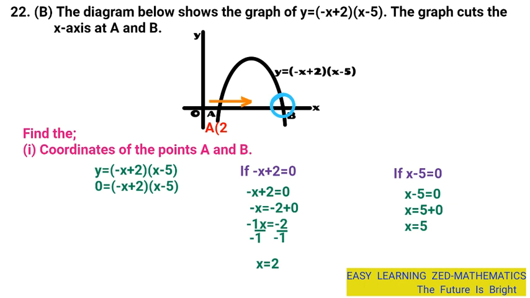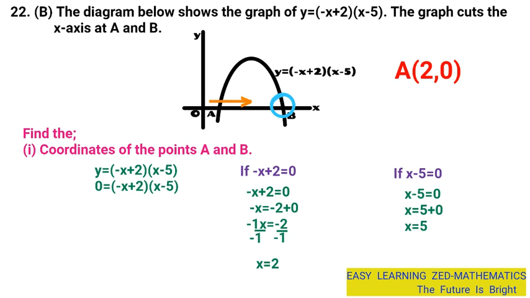We said the graph meets the x-axis where y is equal to 0. So the coordinates for point A are 2, 0. So the answer we were supposed to write was A, 2, 0.